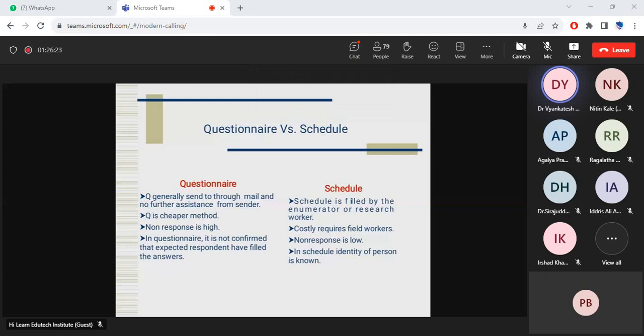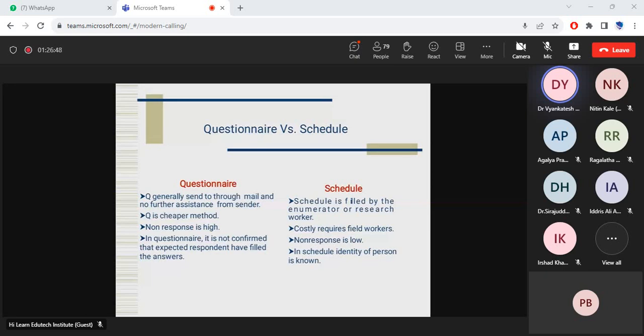So comparing questionnaires and schedules: questionnaires are very slow, while in schedules information is collected on time. In questionnaires there is no personal contact, while in schedules there is direct personal contact. Questionnaires depend on the quality of the questionnaire, while schedules are more correct or complete.